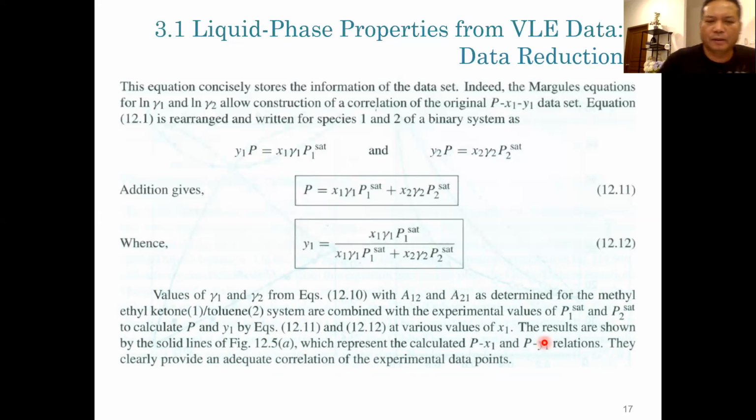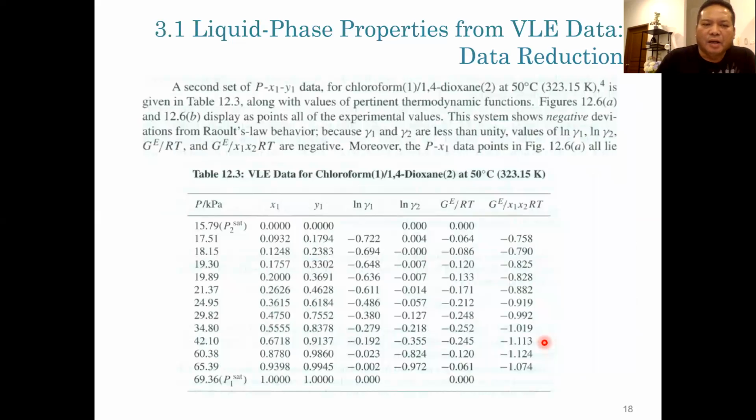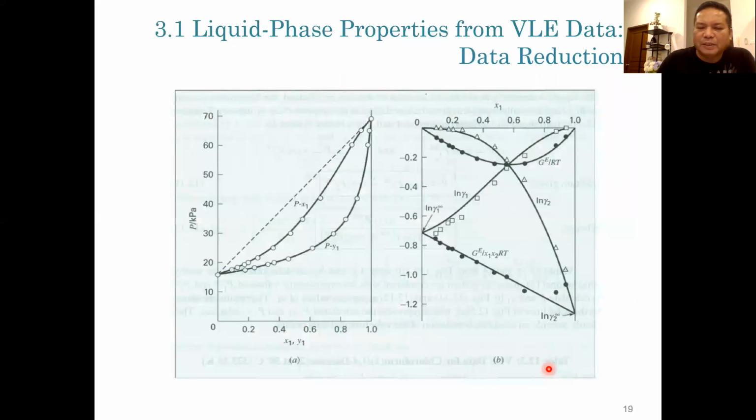Again, we can get the data here for the saturated pressure of species 2 and species 1, x1, y1, and then we plot this equation here. Over here, we still get negative deviations.